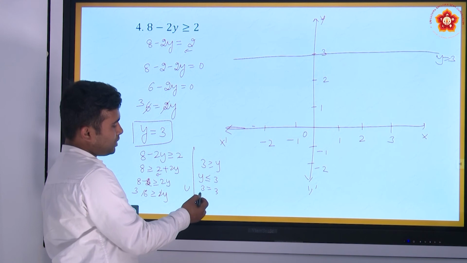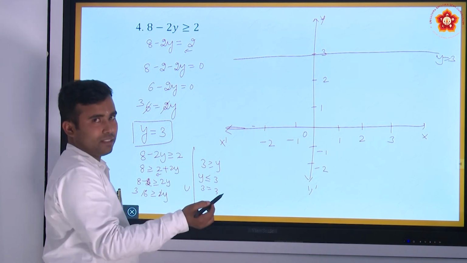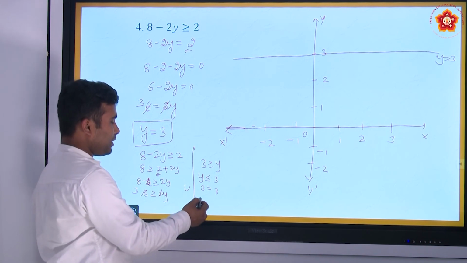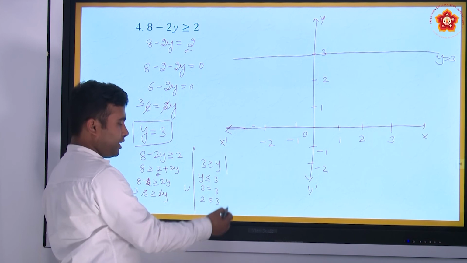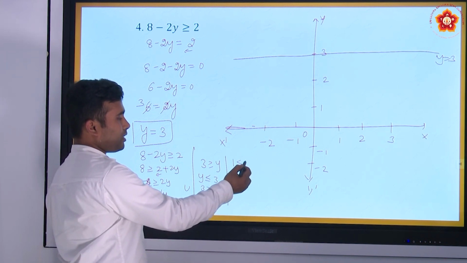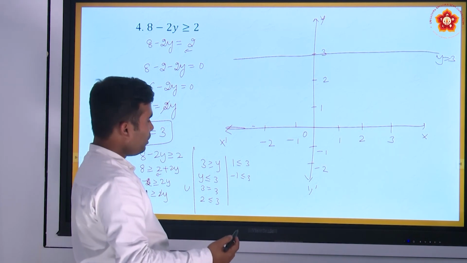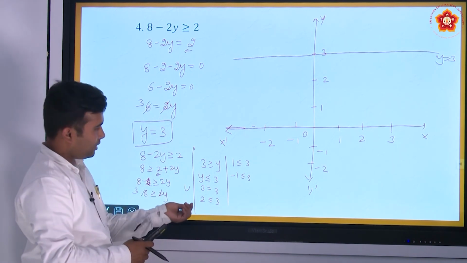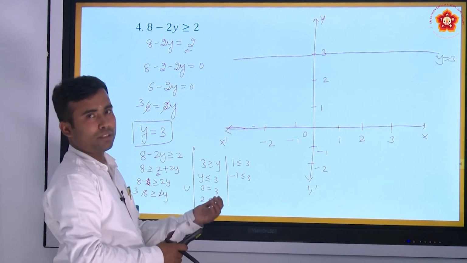If I take y is equal to 4, that should not satisfy. If I take y is equal to 2, 2 is less than or equal to 3. Like that 1 is less than or equal to 3, minus 1 is less than or equal to 3. So the values of y here are 3, 2, 1, 0, minus 1, minus 2, like that.